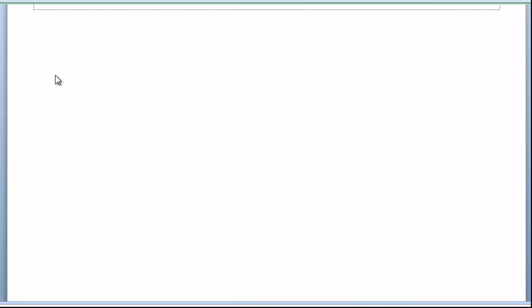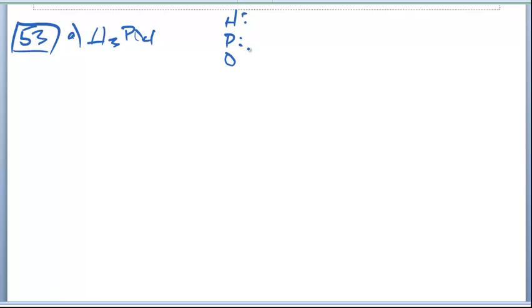Okay, so 53A, H3PO4. This is phosphoric acid. Okay, and this one I'll do step by step, and then I'll probably just give you the answers for the rest. This one, let's take each atom or each element one at a time.